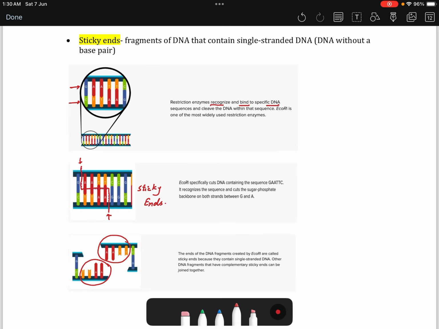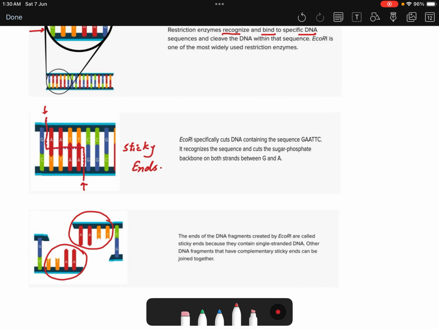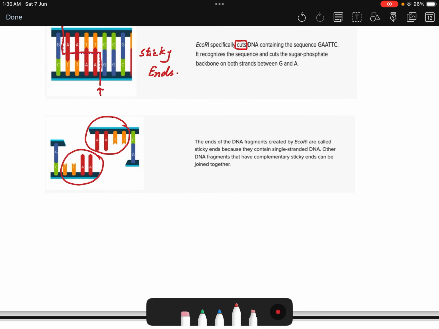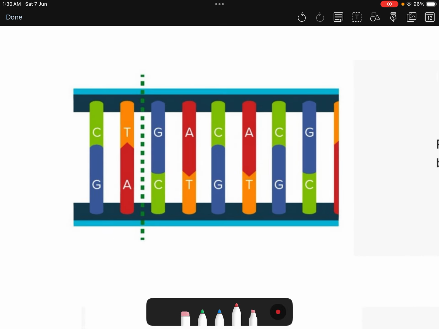Number one, if it cuts into hanging regions, they are called sticky ends, and they can be joined together very easily. But sometimes it cuts as a straight line, and this means it is going to be a blunt end.